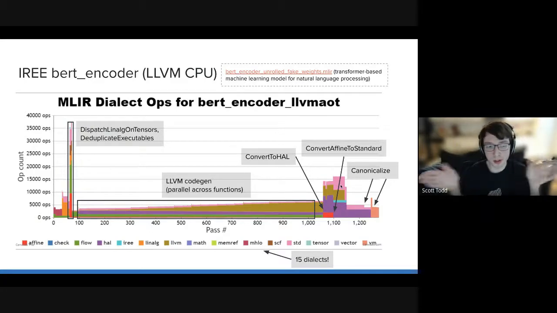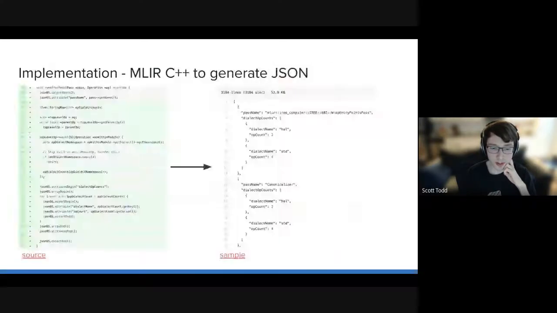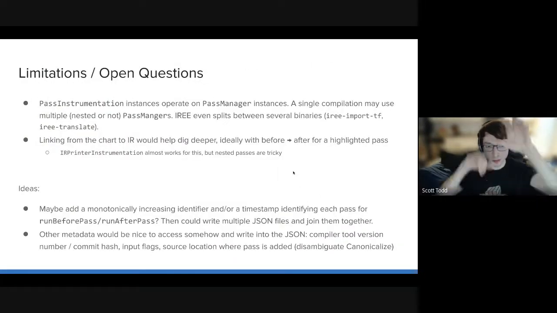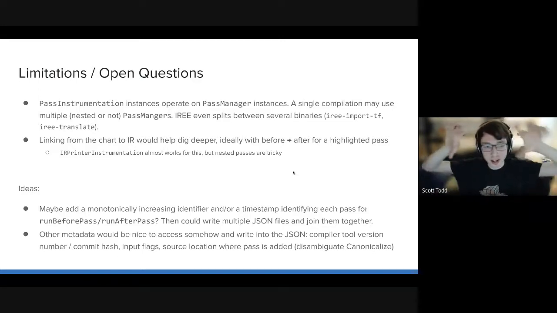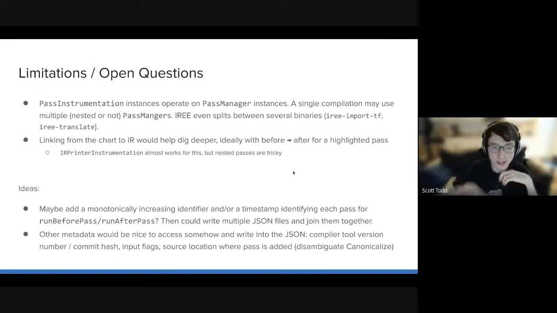And maybe there's some other stuff that happened in between that was nested. But if I'm curious about this jump down here, what happened? Where did the LLVM dialect go there? What was that diff? It would help to know that the before IR and the after IR were the same particular pass.